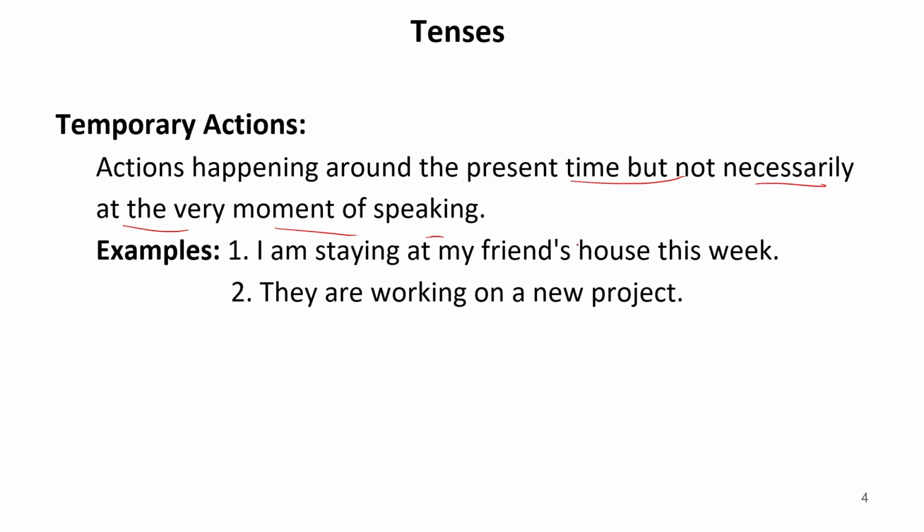I'm staying at my friend's house this week. I'm here only for this week, not for my entire life. They are working on a new project. As soon as the new project is finished, they will get back. So these are temporary actions. Whenever temporary actions are being shown, they should be written in present continuous tense.